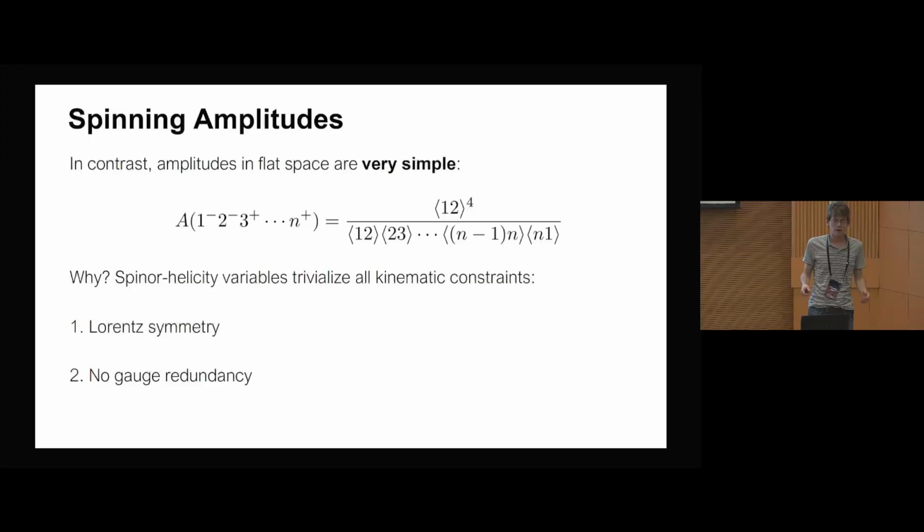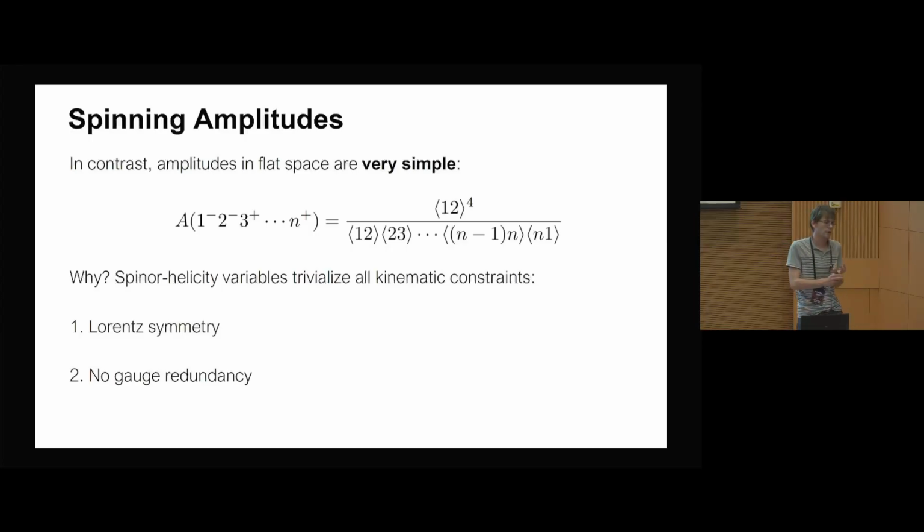And why is this amplitude so simple in terms of these variables? One of the reasons is that spinor helicity variables trivialize all the kinematic constraints of our observable. Firstly, they trivialize the Lorentz symmetry of these amplitudes, which comes from the spacetime symmetries of Minkowski space.